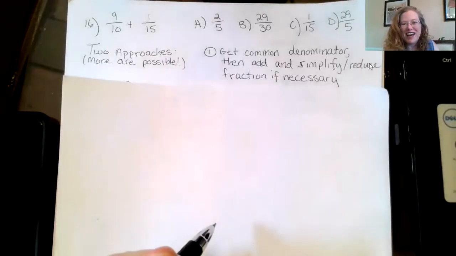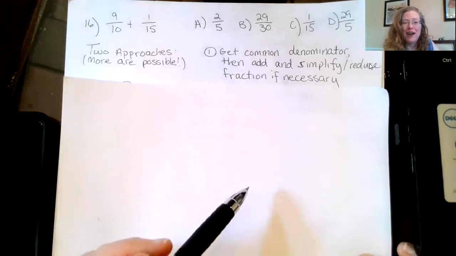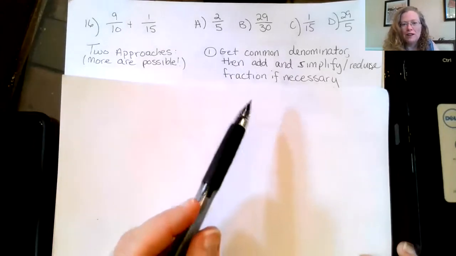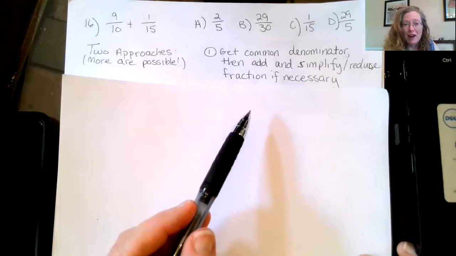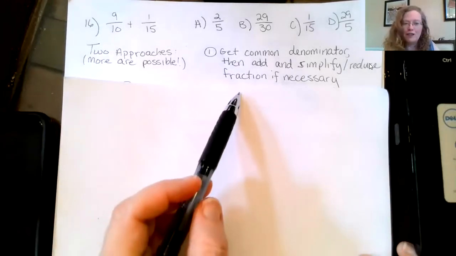Let's take a look at two possible options for adding these two fractions together. There's more possible. One is to get a common denominator, and I'll show you one possibility for how to get that common denominator.